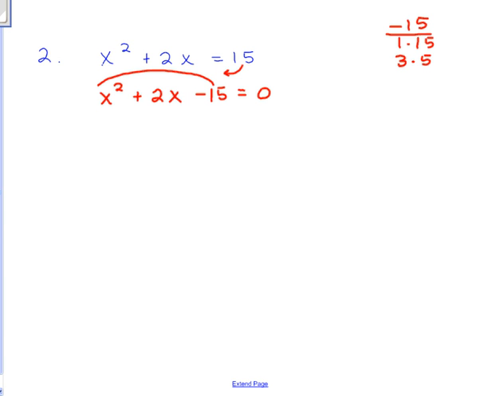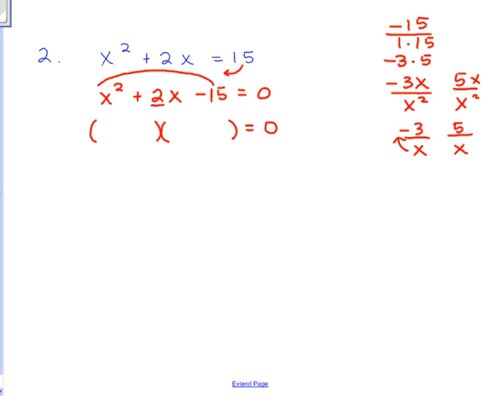It's negative, so I want what's going to subtract to give me positive 2, which will be a negative 3 and a positive 5. So I would have negative 3x, positive 5x divided by the first term, so divided by x squared, reduce: negative 3 over x, 5 over x, bottom to top. I would factor this into x minus 3 times x plus 5. So those are my two factors.